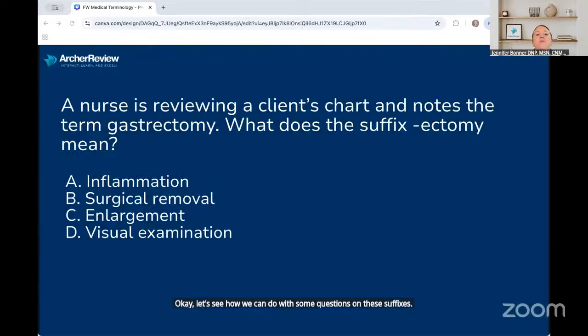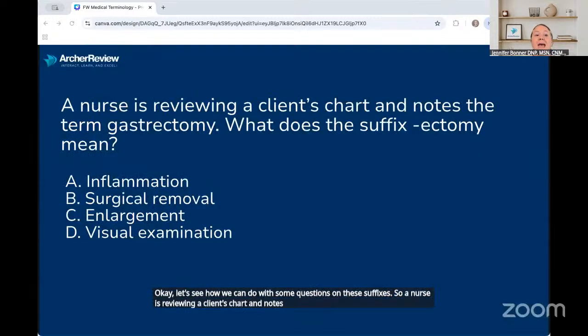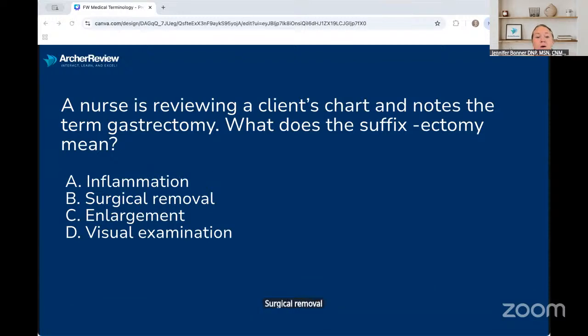So, a nurse is reviewing a client's chart and notes the term gastrectomy. Now, what does the suffix ectomy mean? Is that inflammation, surgical removal, enlargement, or visual examination? What do you think?